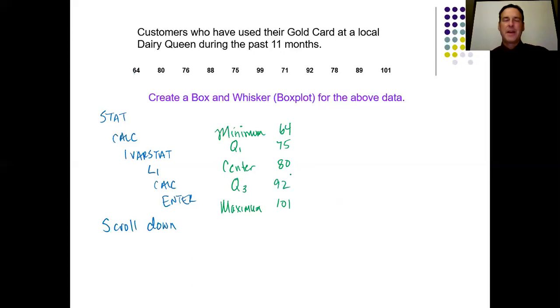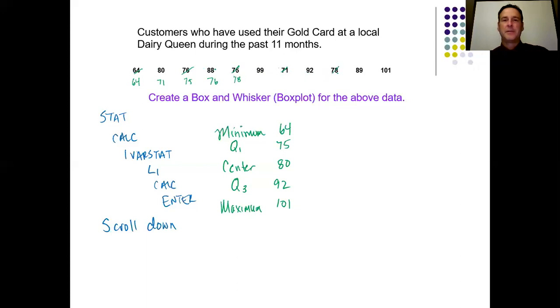We found these all. If you ever had to do them by hand, you'd have to remember first to put these in order from lowest to highest. So I think my next lowest is 71. The next lowest is 75, 76, 78.